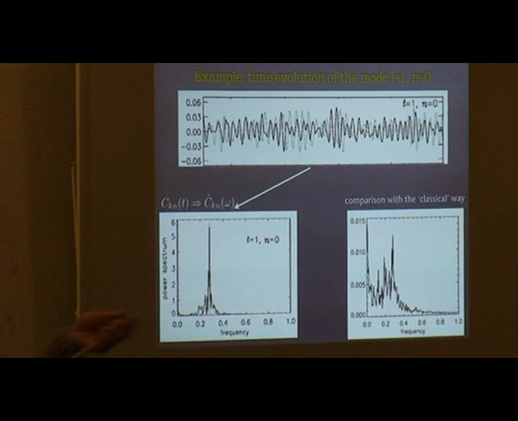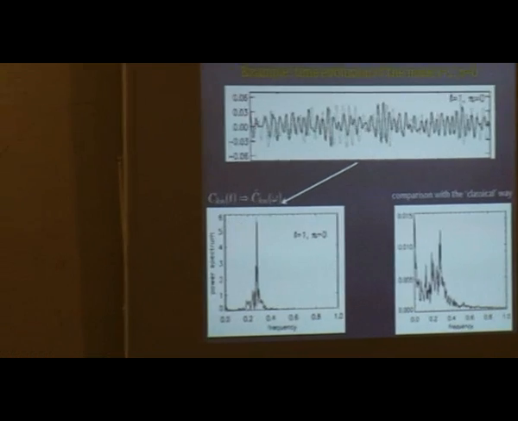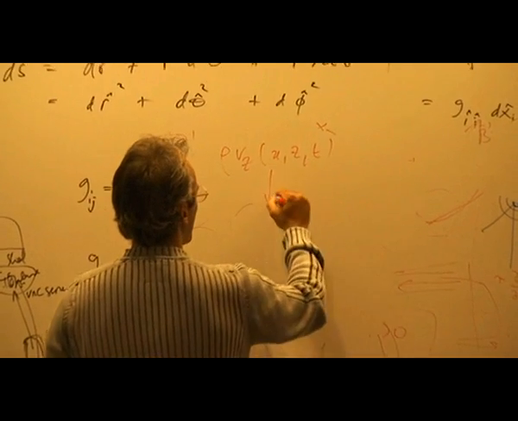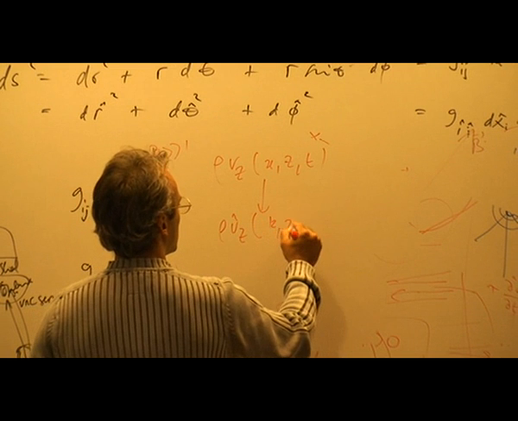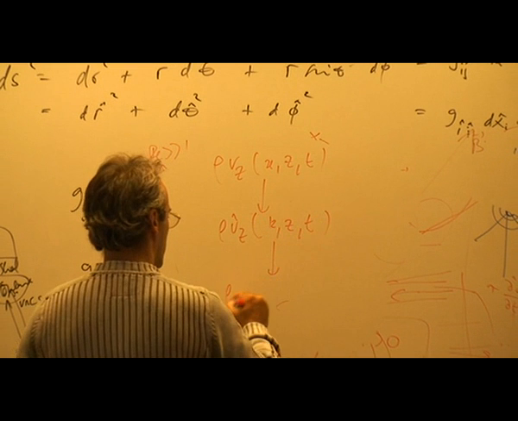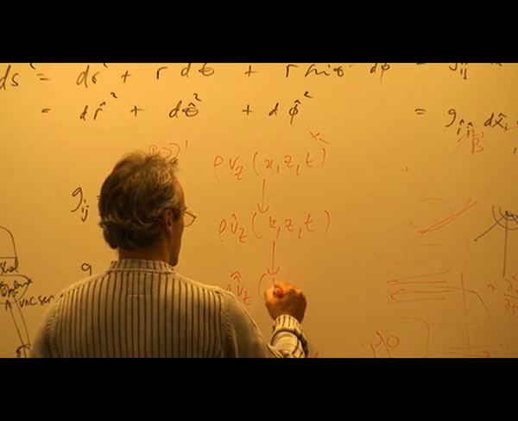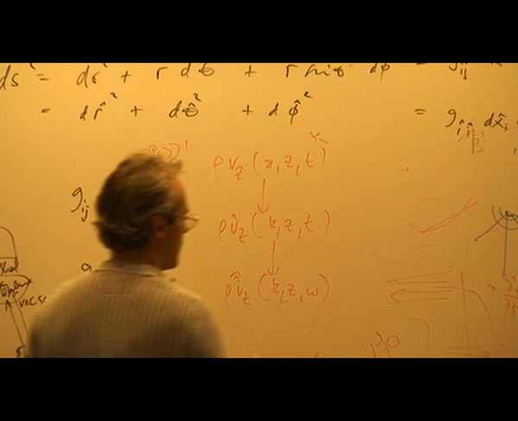So can you say it again? The right picture was obtained by just taking the velocity at one point? No, the whole velocity field. You take the vertical mass flux, for example, of x, z, t. We do a first Fourier transform in space, k, z, t, and a second one in time, k, z, and omega.